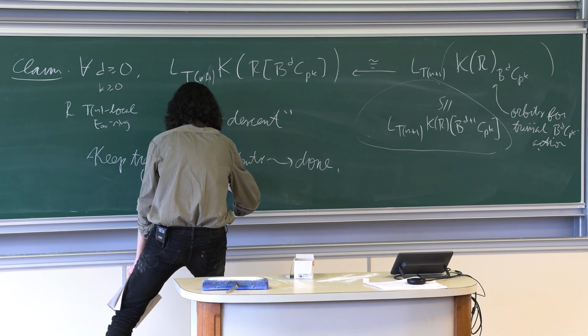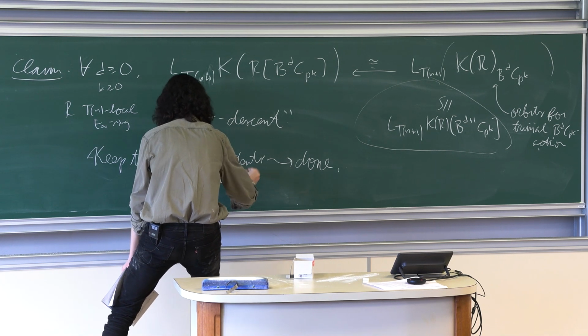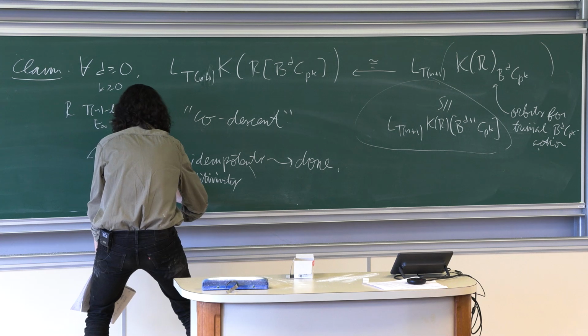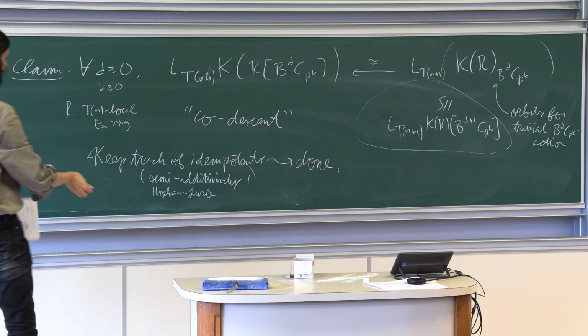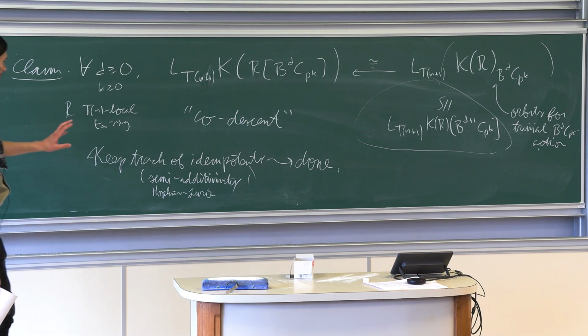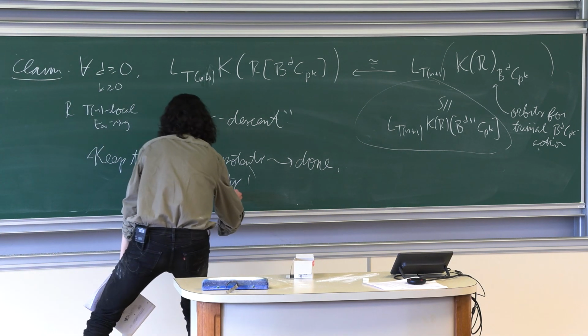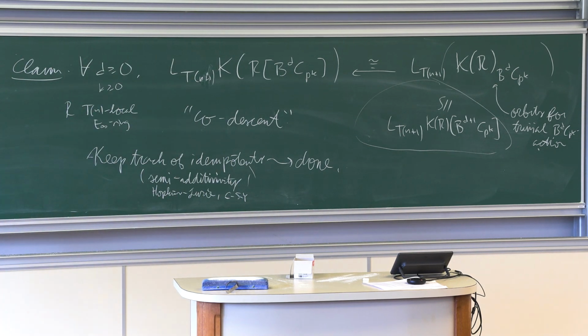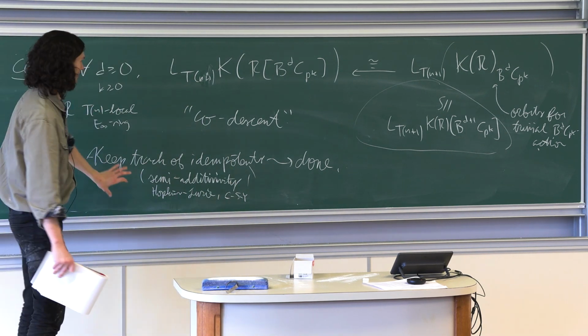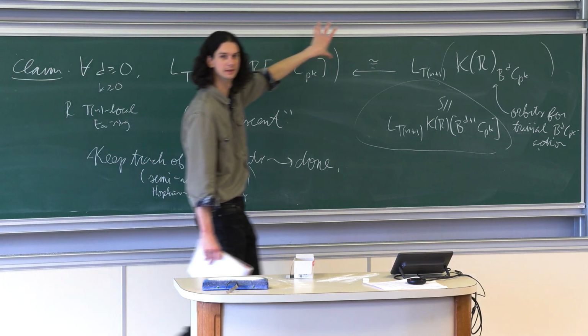In fact, this whole story is based on semi-additivity machinery, which was in the K-local context Hopkins-Lurie, and then these guys, Carmeli-Schlank-Yanovski, extended it to the T-local context and developed it further. That's the key technical collection of results and ideas that goes into this, but it's not occurring at the level of this sketch, so you can ignore it if you don't know what it is. So the cyclotomic redshift, after keeping track of idempotents, reduces to this codescent claim.